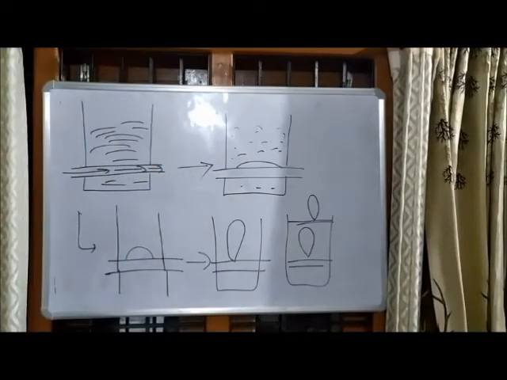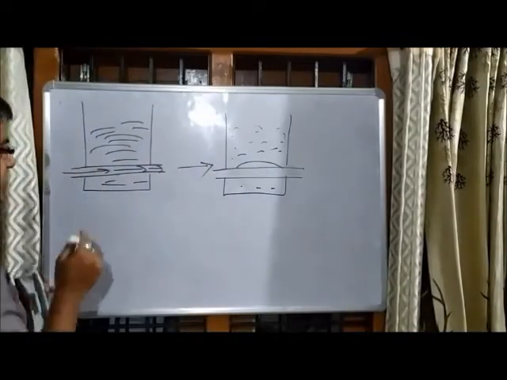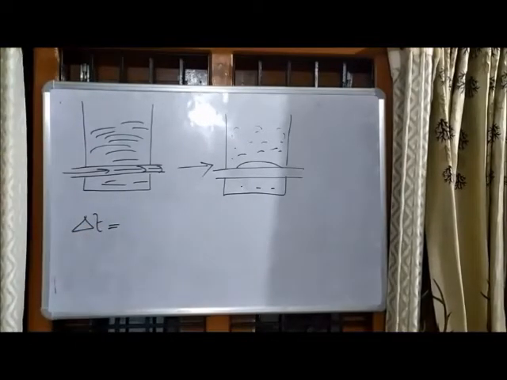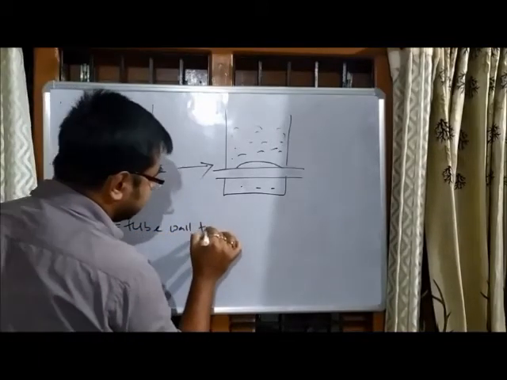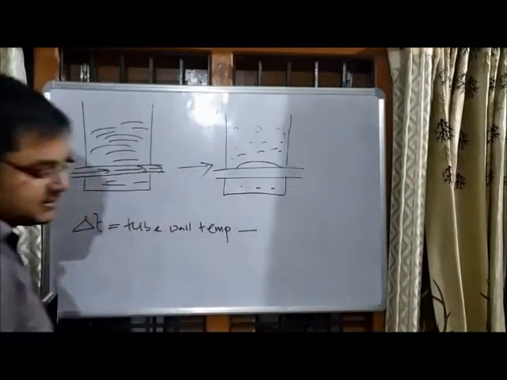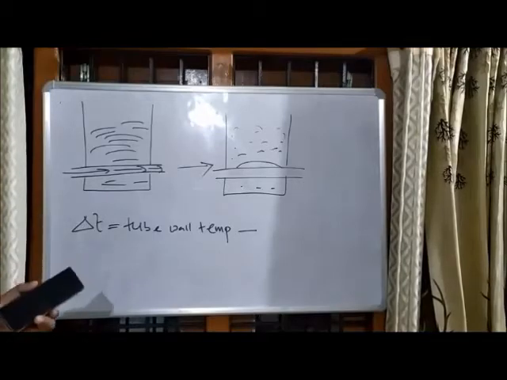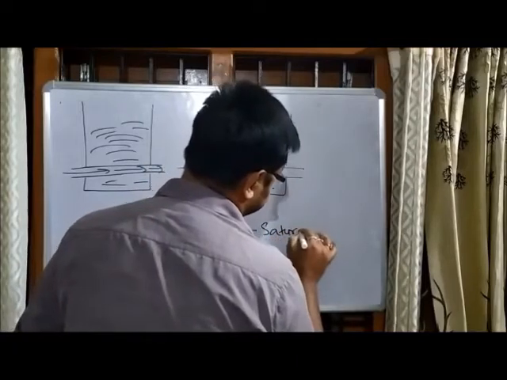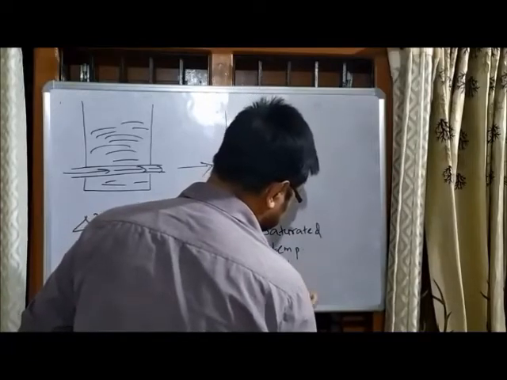So here you should learn one thing, the delta T. What is the delta T here? It is the temperature difference. In this case, delta T is the tube wall temperature minus the saturated temperature of the liquid.